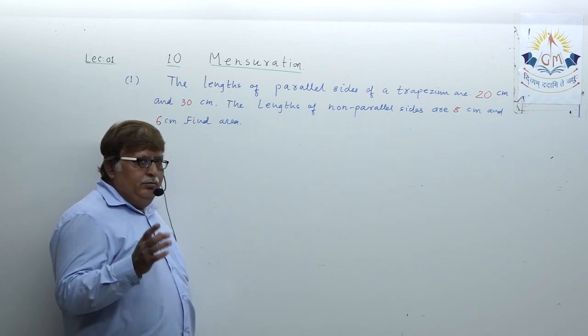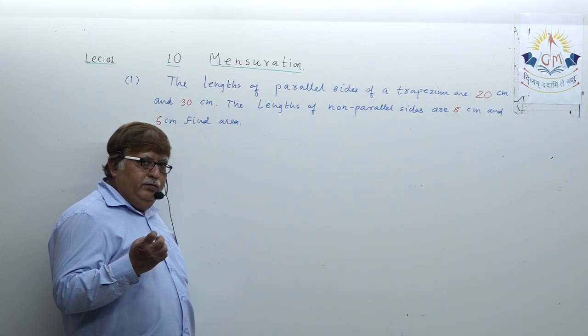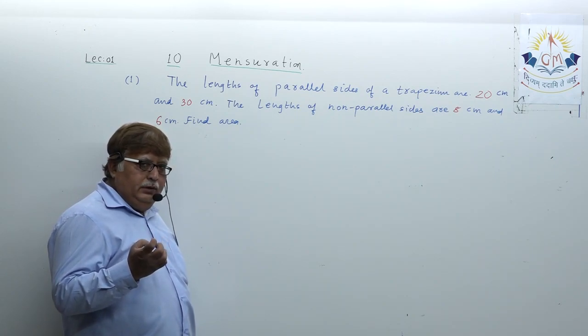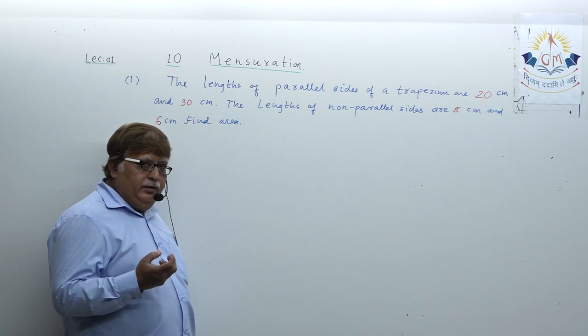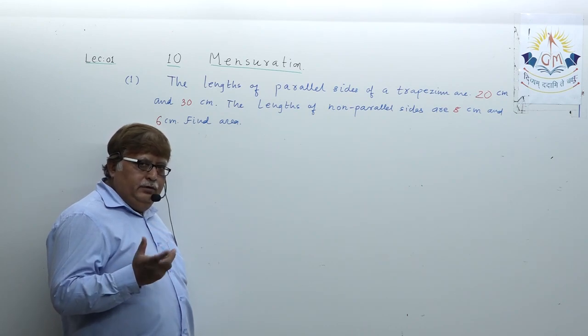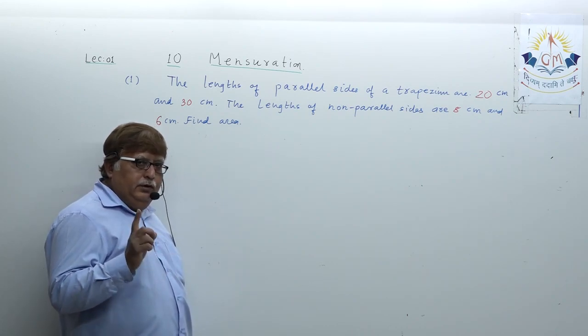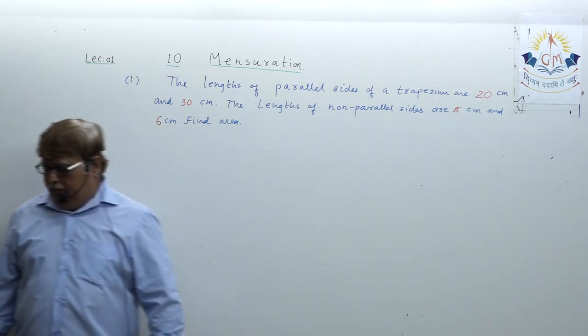You have to move as per the steps. Step number 1, diagram. Step number 2, area of triangle. Step number 3, finding altitude. Step number 4, finding area of trapezium. Understood?